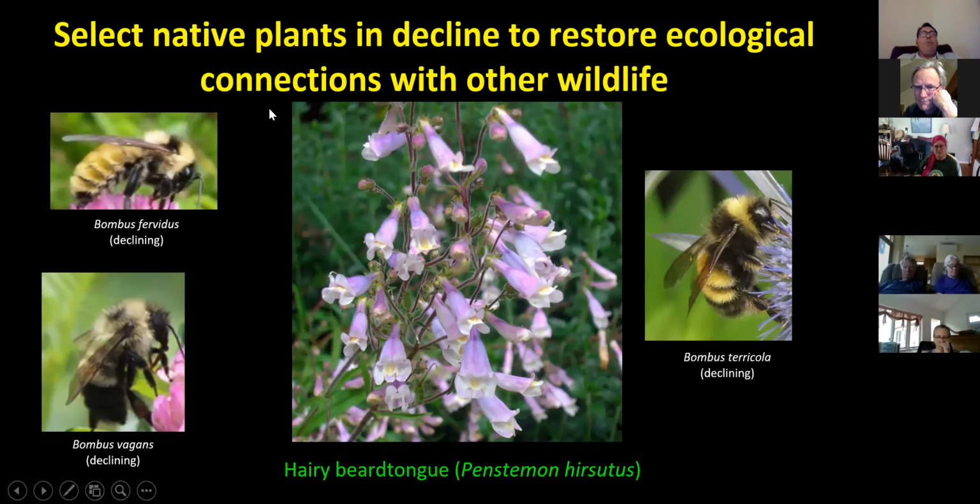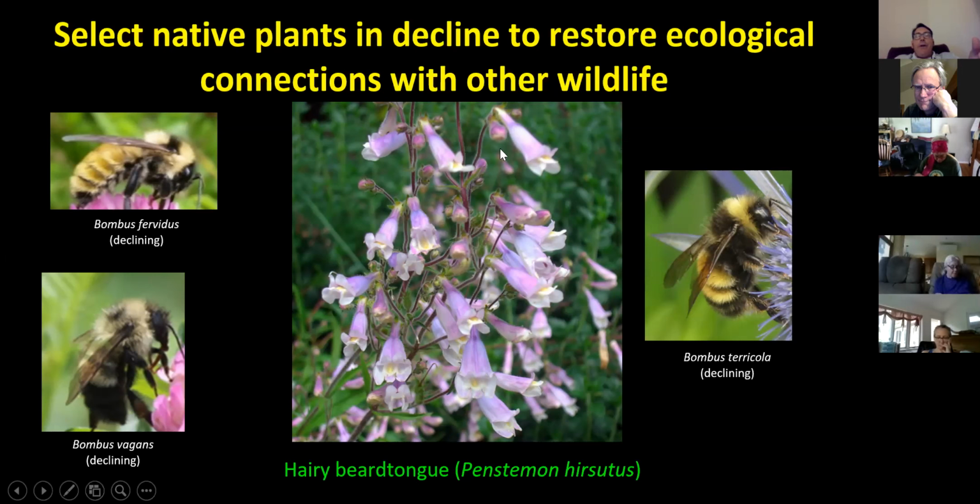Now, we don't want to think just about the animal, we want to think about the plants. As I said, native plants are declining in parallel with the native pollinators of those plants. A great example of that is hairy beardtongue. Hairy beardtongue is a state-listed species. It provides nectar for all of these threatened species, right?